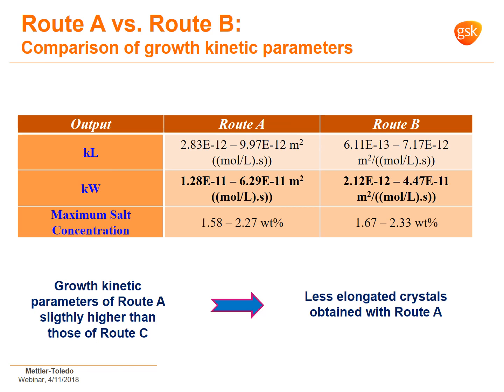Just a number to highlight the difference, what leads to these needle-like crystals: you can see it's almost one order of magnitude in value between Kw and Kl. However, we do see a similar maximum concentration for both routes. But we do see more elongated crystals with route B. Less elongated, I'm sorry, with route A.